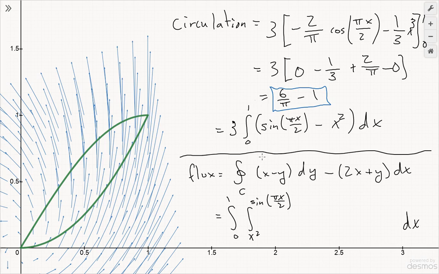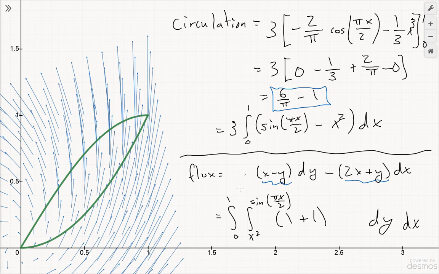Then the flux integral will take d by dx of this and d by dy of this, and then take a negative. So here we'll get 1 plus 1 dy dx, but that's the same integral as we got here, except with a 2 instead of a 3.